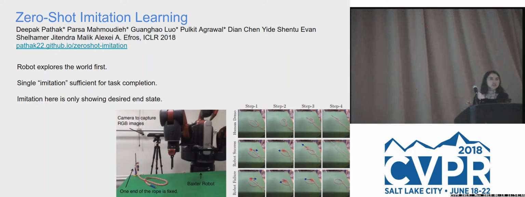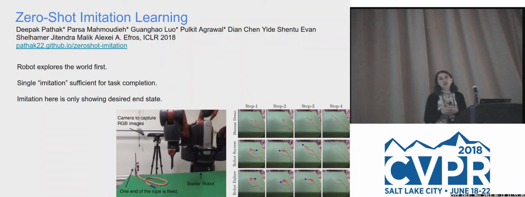And then what differs in this particular work is that they're going to show a single imitation for a task, but they're not going to demonstrate the task being done. They're only going to demonstrate a set of states that they want to be accomplished.